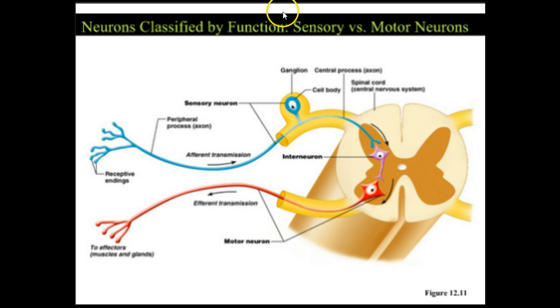Here we're just showing we have our afferent, which is taking the nerve impulse to the central nervous system, where we have our processing of the information. Then we send it back to the efferent neuron, or the efferent transmission, to the muscle or glands, whatever is going to act on that stimulus that we just received.